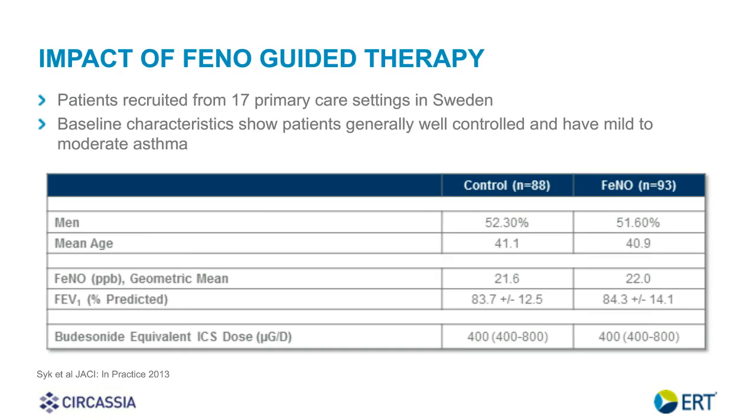The population was recruited from 17 primary care centers in Sweden. You can see the baseline characteristics show that they were generally well controlled and had mild to moderate asthma. Their FeNOs were in the low 20s, and their FEV1 predicteds were about 83 to 84%. They were on a budesonide equivalent of about 400 micrograms per day.